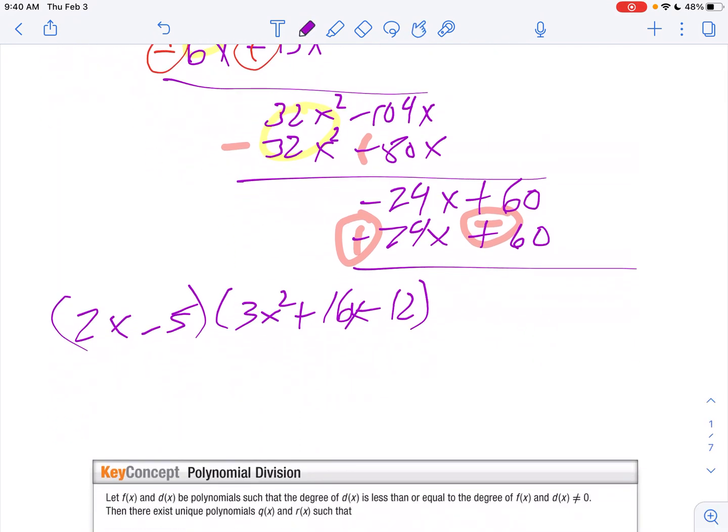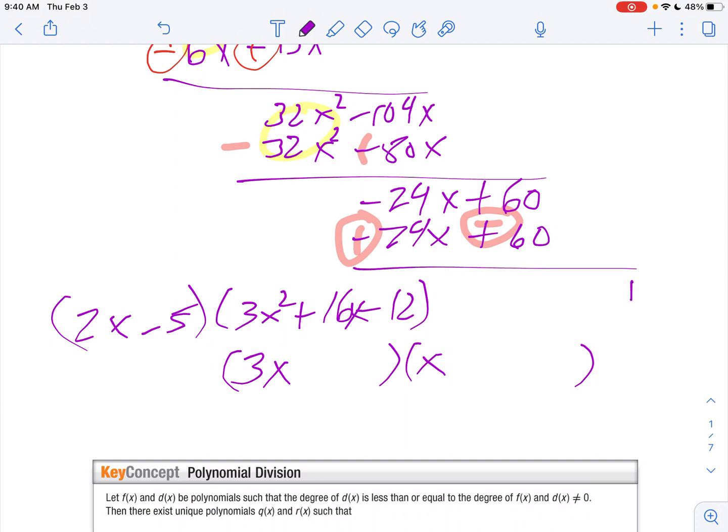So I'm going to get two parentheses here. I'm going to guess and check here because I know my only numbers that multiply to 3 are 3x and x. I know my two terms here have to multiply to negative 12, and then when I distribute them, I have to get 16. So let's try two guesses, guessing and checking.